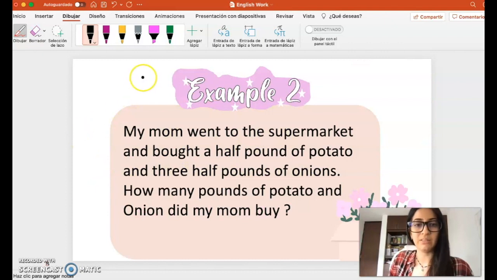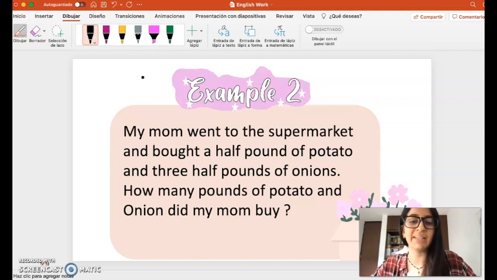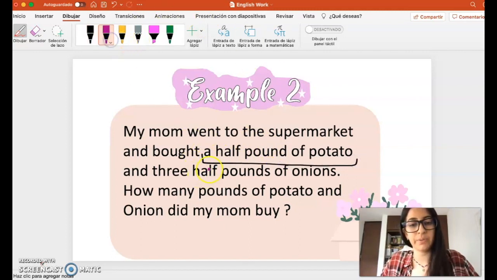Then we have this example number 2. My mom went to the supermarket and bought a half pound of potato and 3 half pounds of onions. How many pounds of potato and onion did my mom buy? In this situation, we have this part that means a half pound of potatoes, and the other part is 3 half pounds of onion.